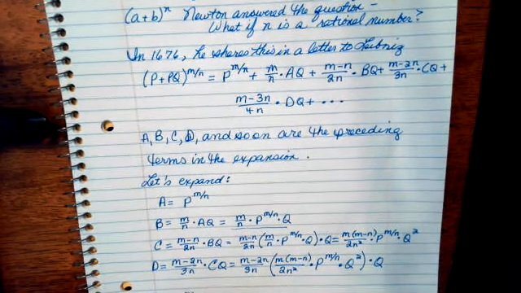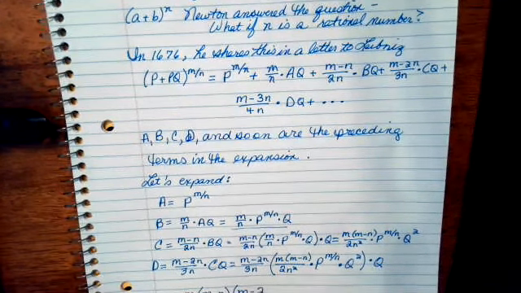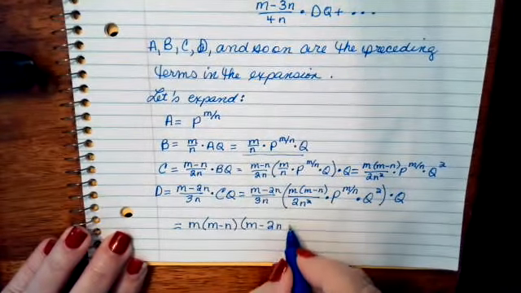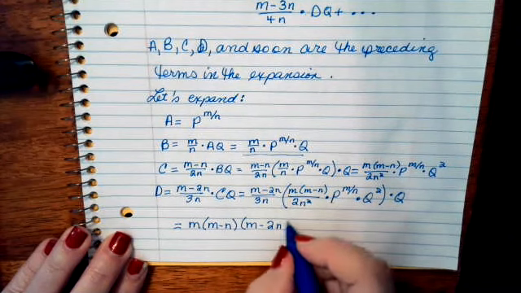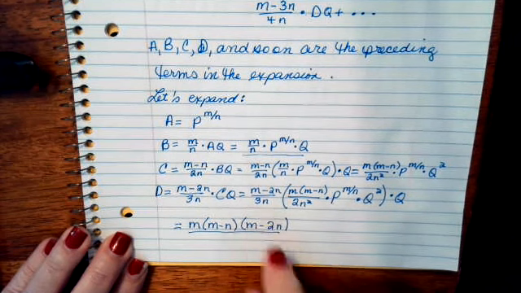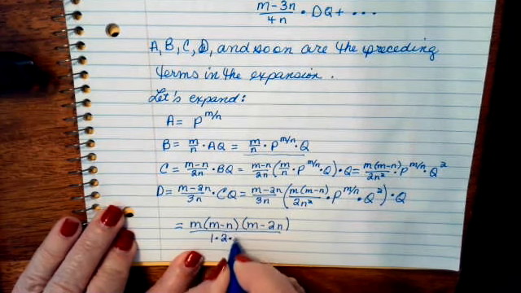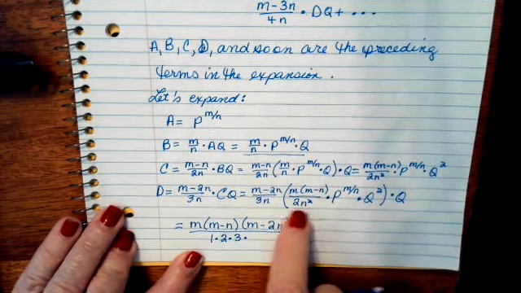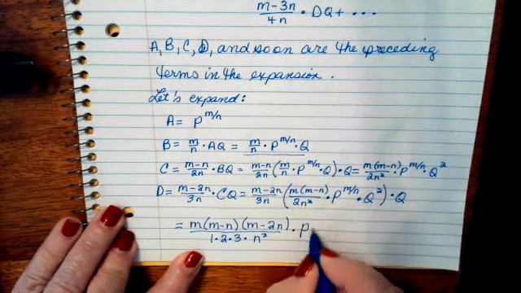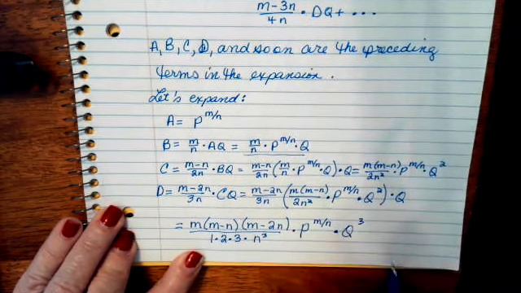I'll have m times m minus n times m minus 2n, all over 1 times 2 times 3, times n squared times n is n to the third, times P to the m over n times Q to the third power.